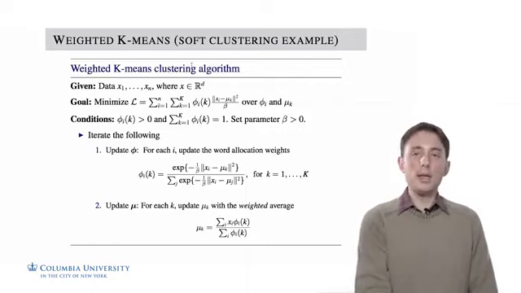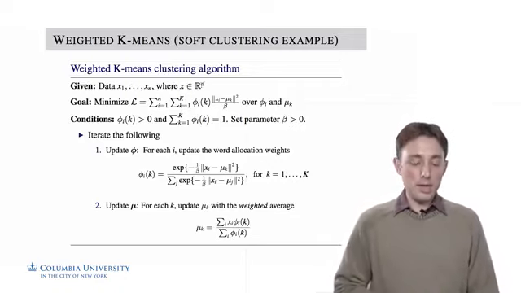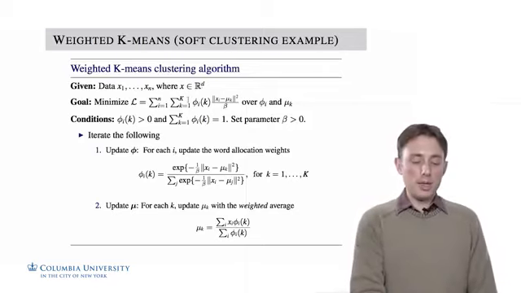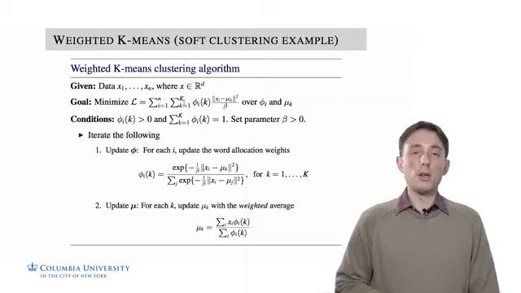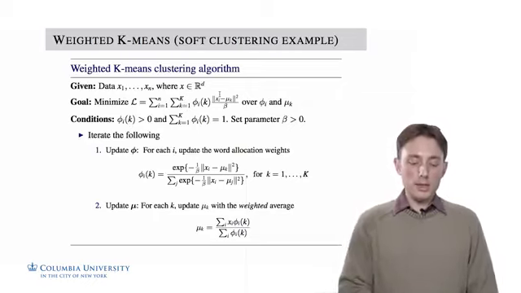So with weighted k-means, what we have is this. We have, again, data x1 through xn, and we'll assume that the data is in R^d. Now our goal is to minimize an objective that looks like this, where we have still, for each data point i, a sum over each of the clusters, and we calculate the squared Euclidean distance of a data point to a cluster centroid.